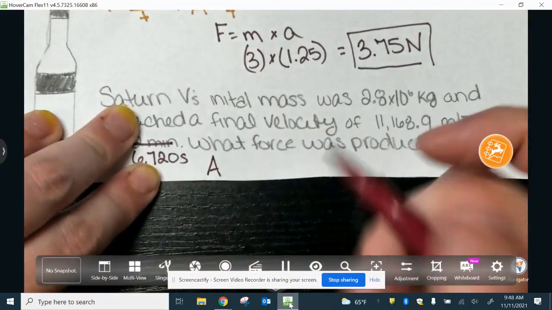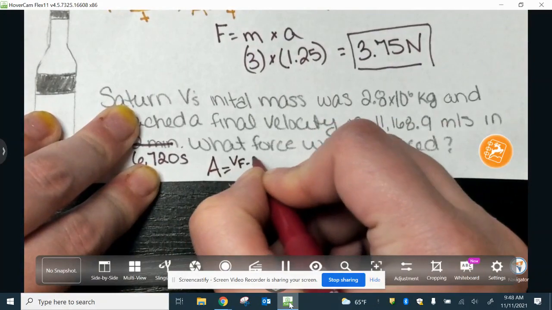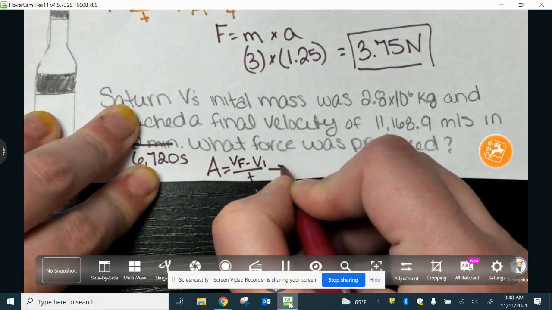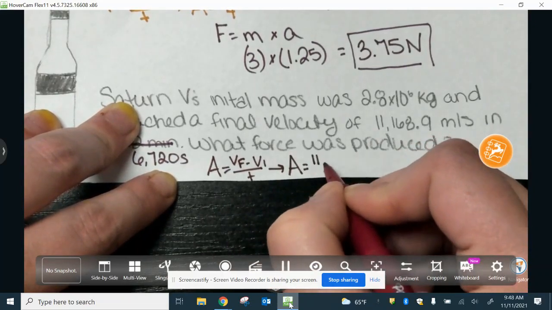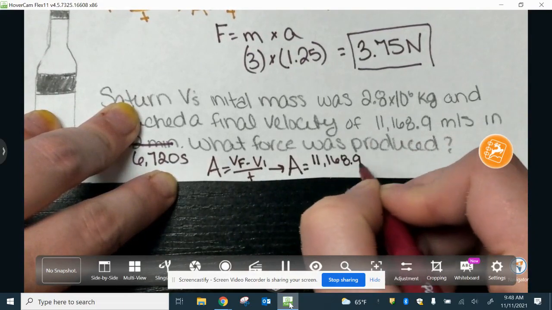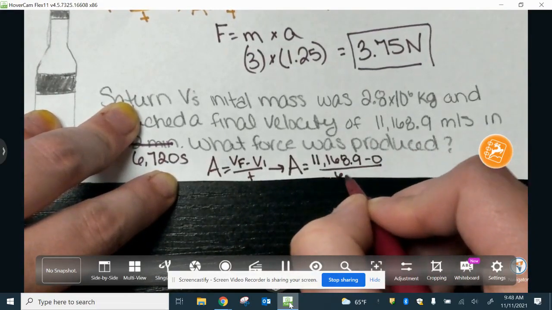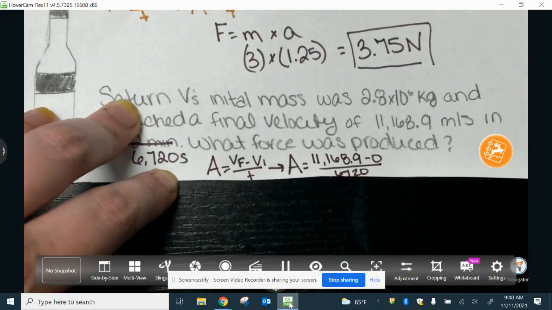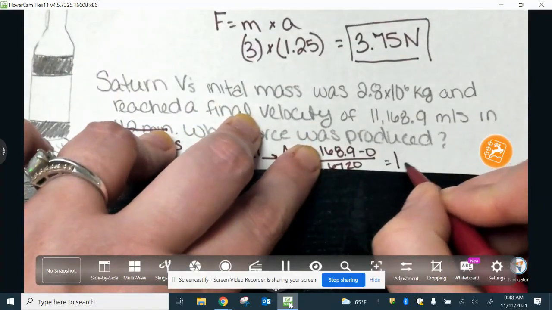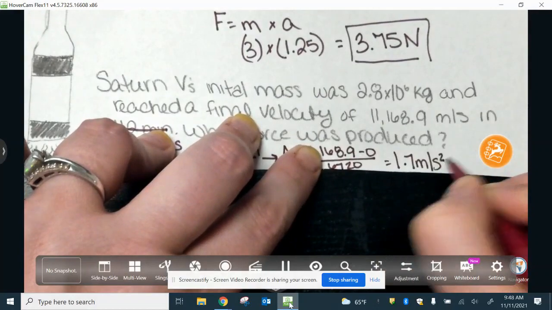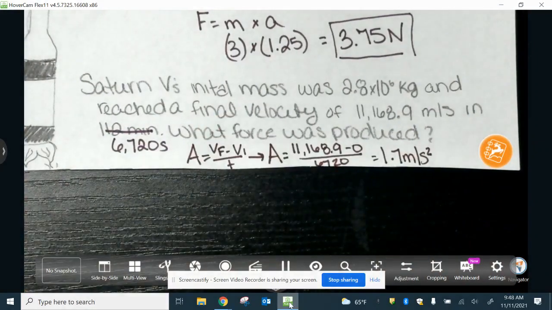Uh-huh. So we're at 1.7 meters per second squared.